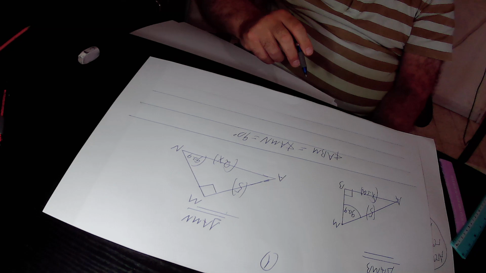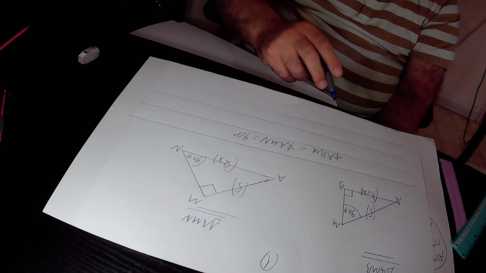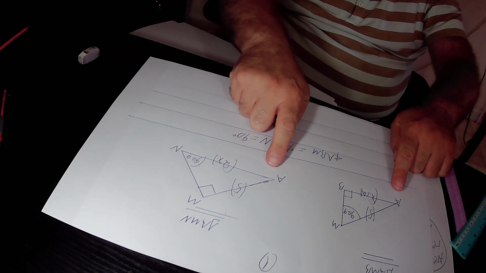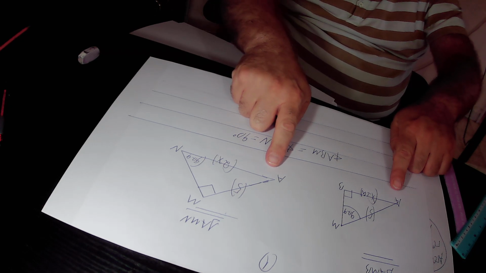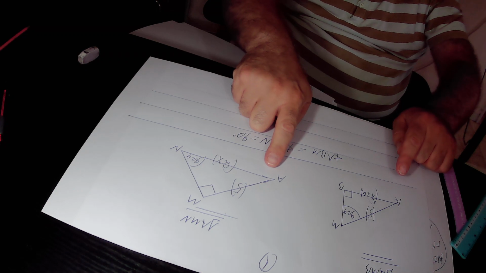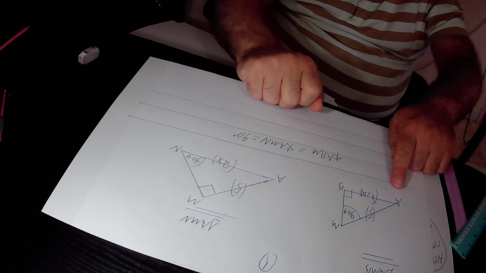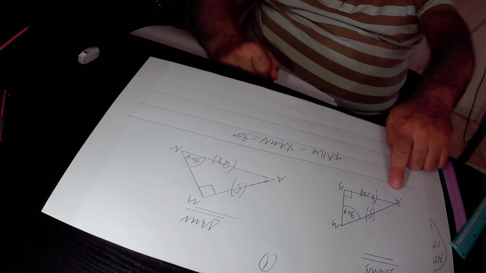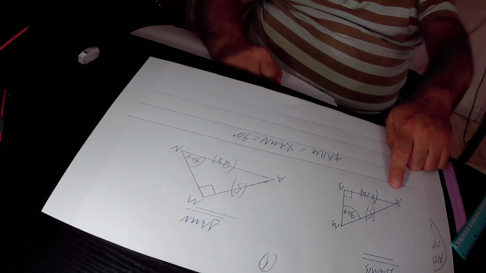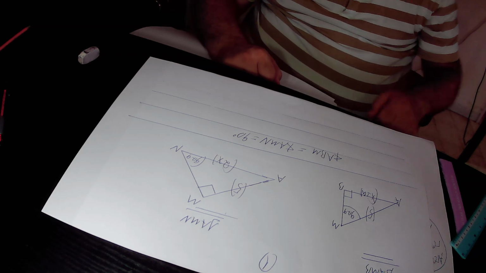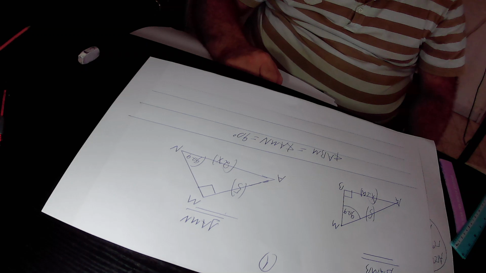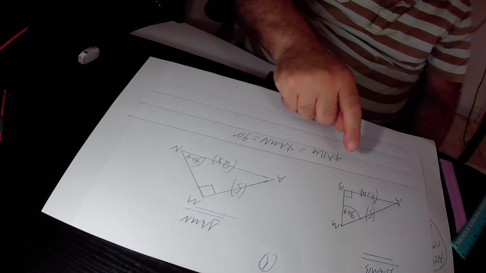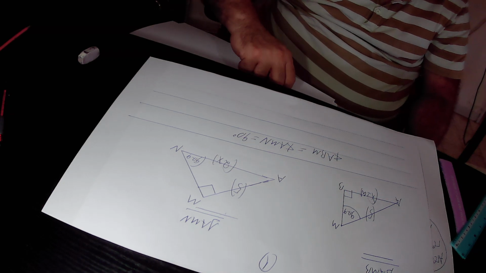In addition, as I already mentioned before, this is angle A, a common angle that belongs to both triangles. You can see here that angle A belongs to both triangles. This angle also exists in this triangle, so angle A is a common angle that belongs to both triangles, so you can write that angle A equals itself. If we relate to angle A as it belongs to triangle AMB, it will be defined as angle MAB.